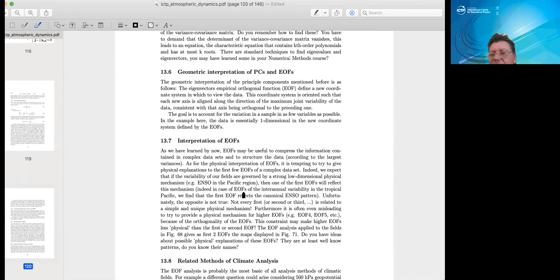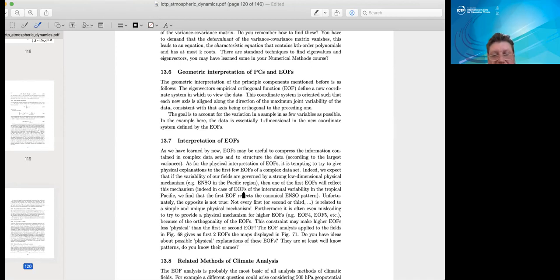And then you find one. EOF always gives you a pattern, but it may not be easy to find a physical explanation for it. This can be a research exercise. Finding a physical explanation for an EOF pattern could be a typical research question for a PhD or something like this.